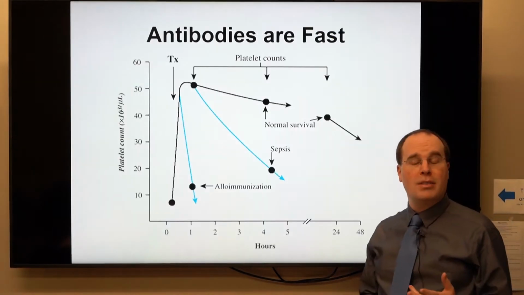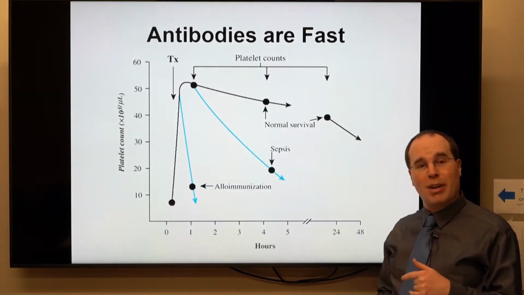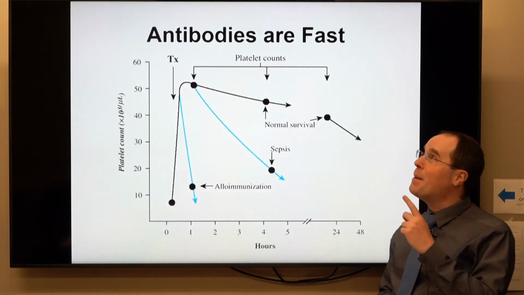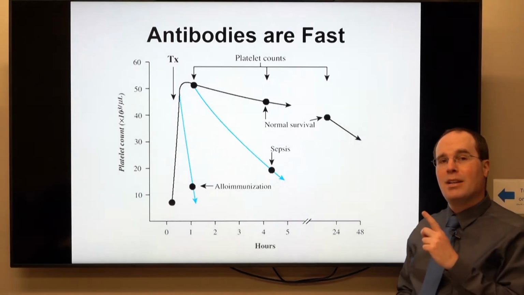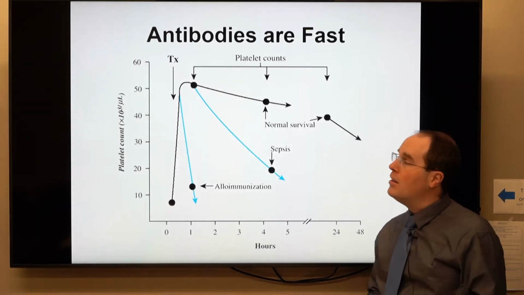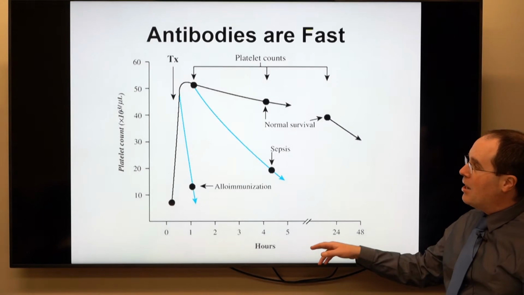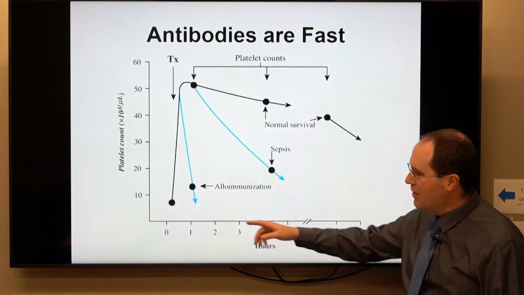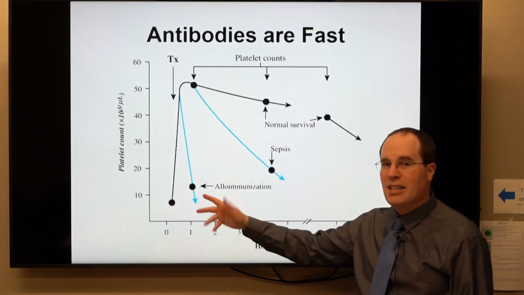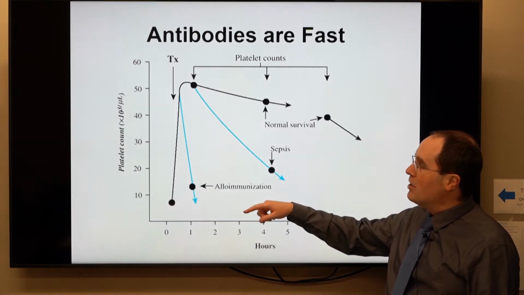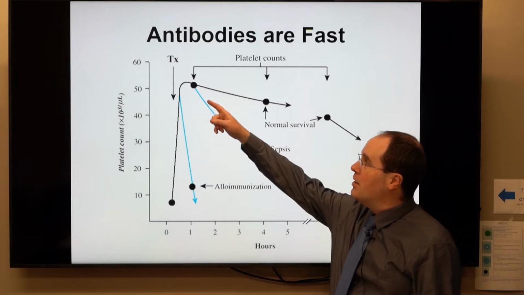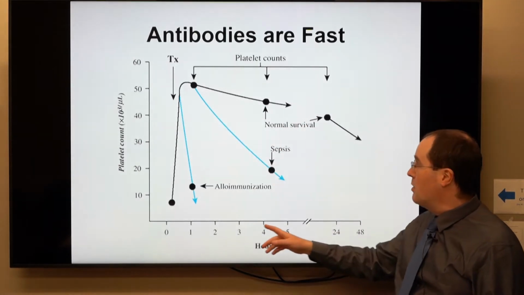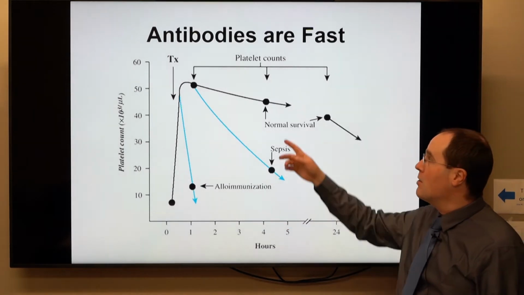And why do we care about 60 minutes or less after the platelet transfusion? Who cares about the timing? The reason we care about the timing is because antibodies are fast. Antibodies tend to act very quickly. So this is looking at time on the x-axis and your platelet count on the y-axis. And if the pre-transfusion count is, let's say, less than 10, and then the platelet is transfused to the patient, and let's say we only get a platelet count several hours later, say 5 hours later.